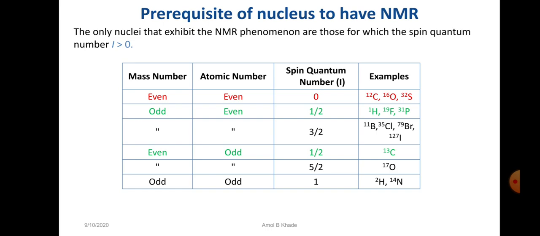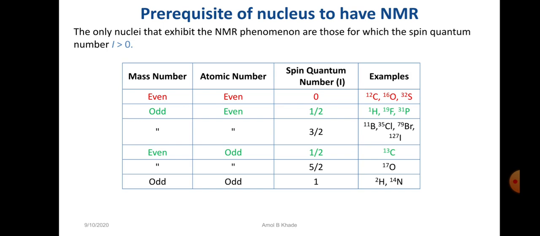Now, to understand NMR spectroscopy in a better way, we are considering here the nucleus of the proton. That means the nucleus of the proton is NMR active. It is capable of absorbing energy through radio frequency waves. Now, what nuclei are NMR active?